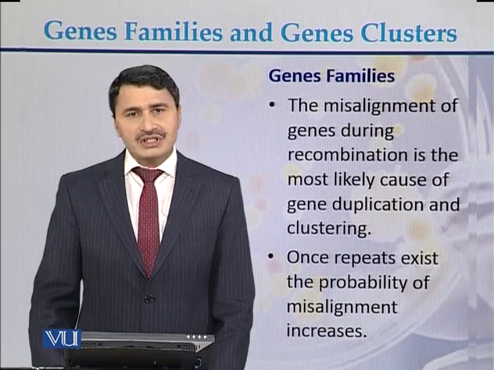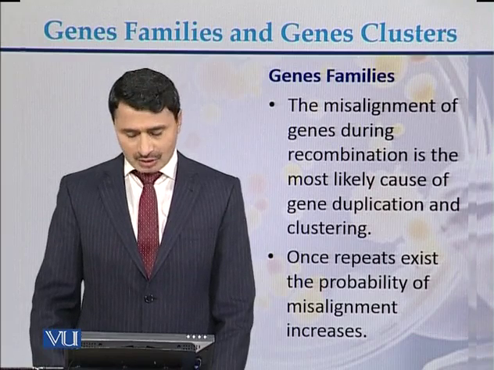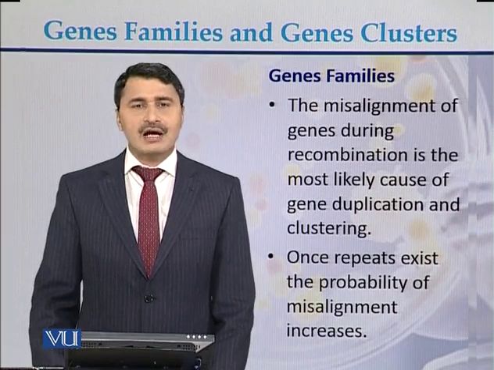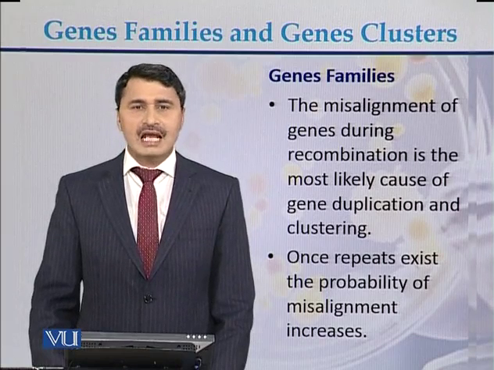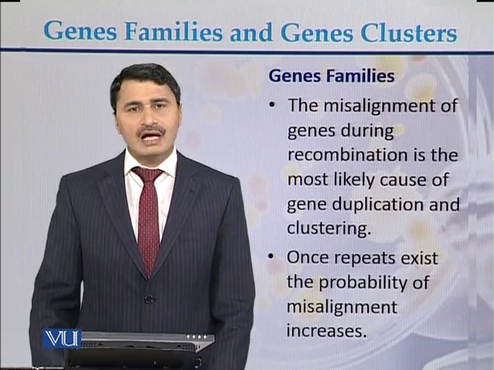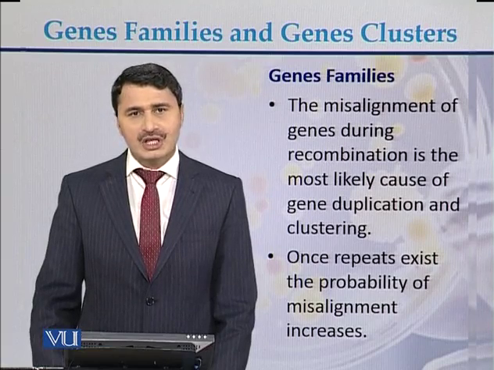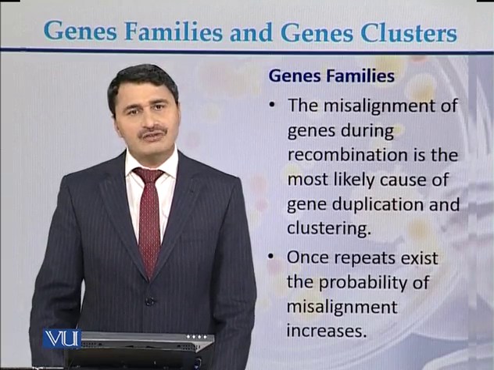Once there is a repeated region at a specific point on the DNA or chromosome, the probability of misalignment increases, and there is a greater probability of duplicated genes and the formation of gene clusters or duplicated gene families.